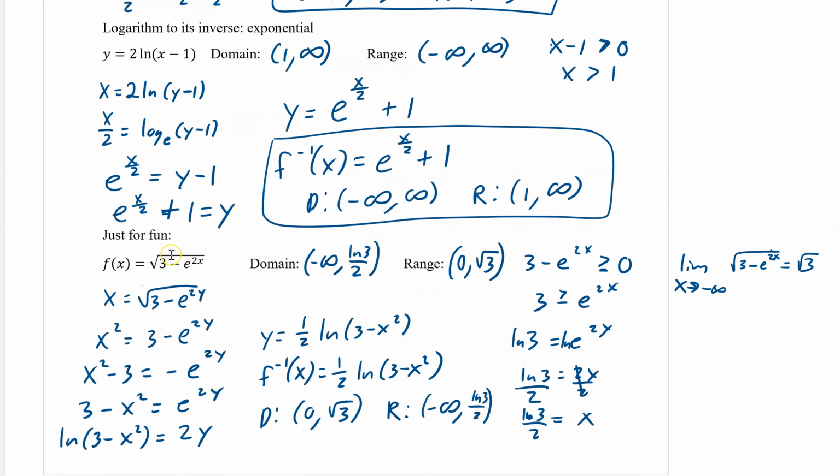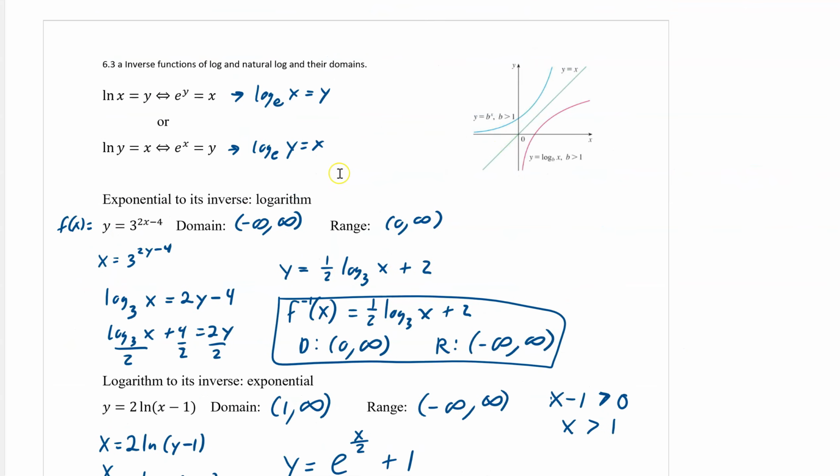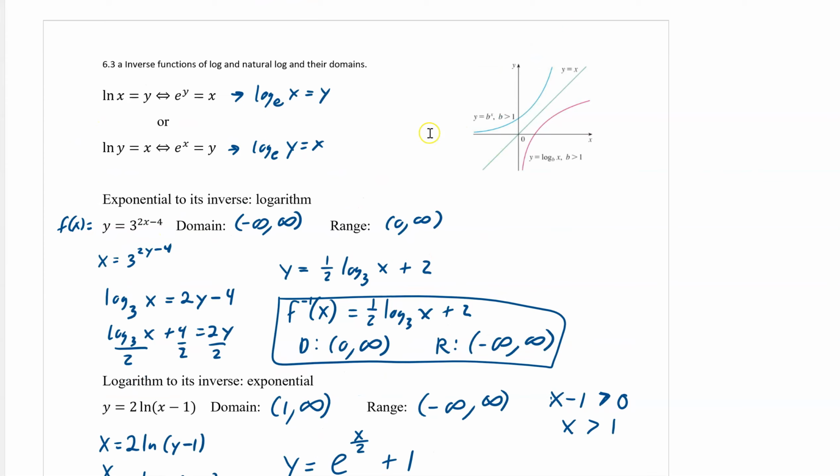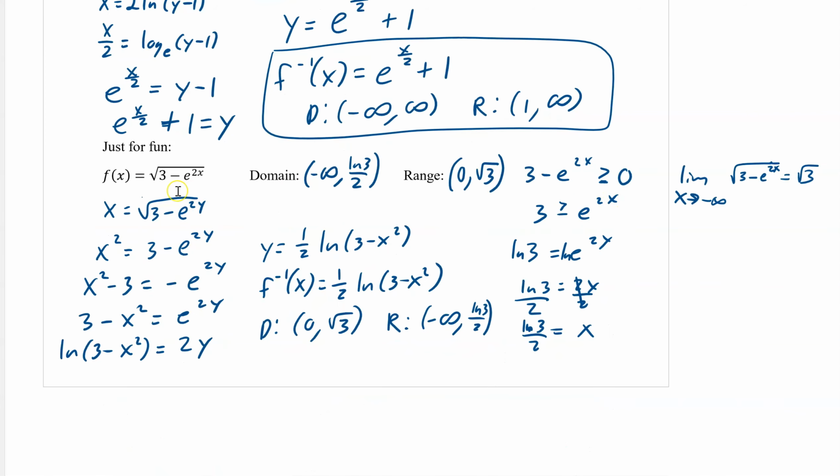Okay, but what makes this one different is if you come up here, when we dealt with the previous two, we had a plain exponential and a plain logarithm. So we had that horizontal asymptote and that vertical asymptote where we're getting just greater than and just greater than. But here we're talking about a radical. And with radicals, it's greater than or equal to 0. So I'm missing something on these two answers. It's not just all parentheses.